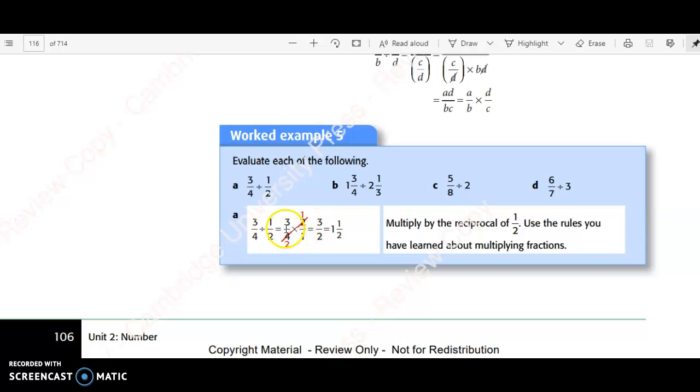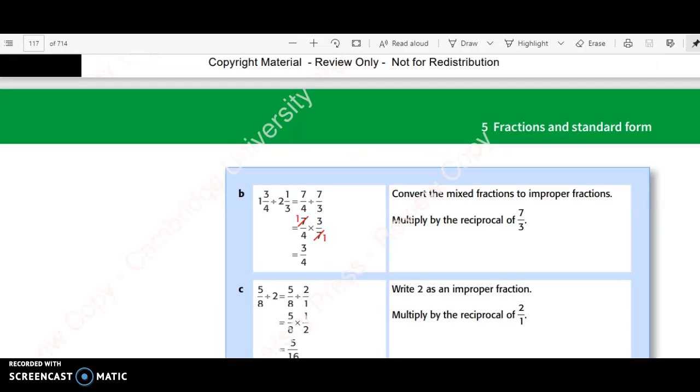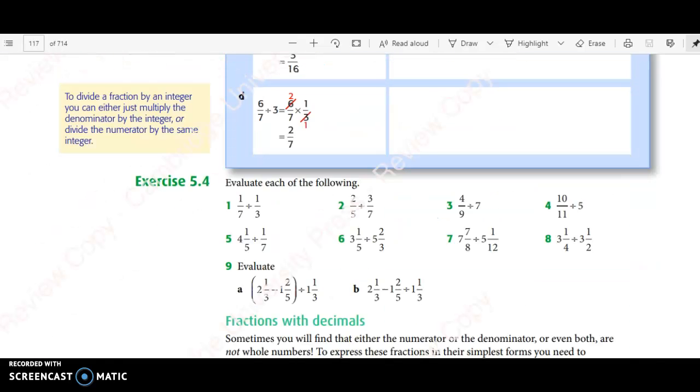So with the usual multiplication, you have 3 times 2 over 4 times 1. So you get 6 out of 4, or you can simplify or cancel it first. So you get 3 out of 2.